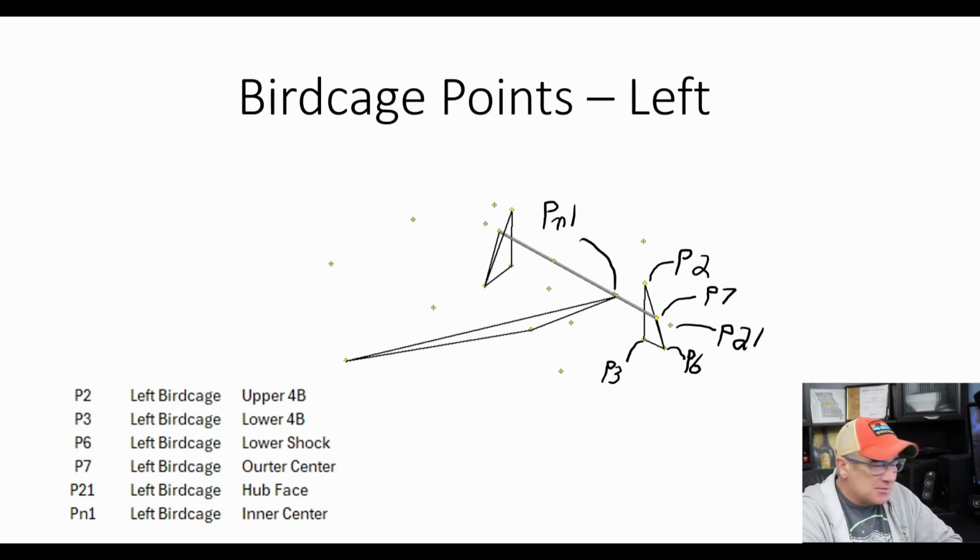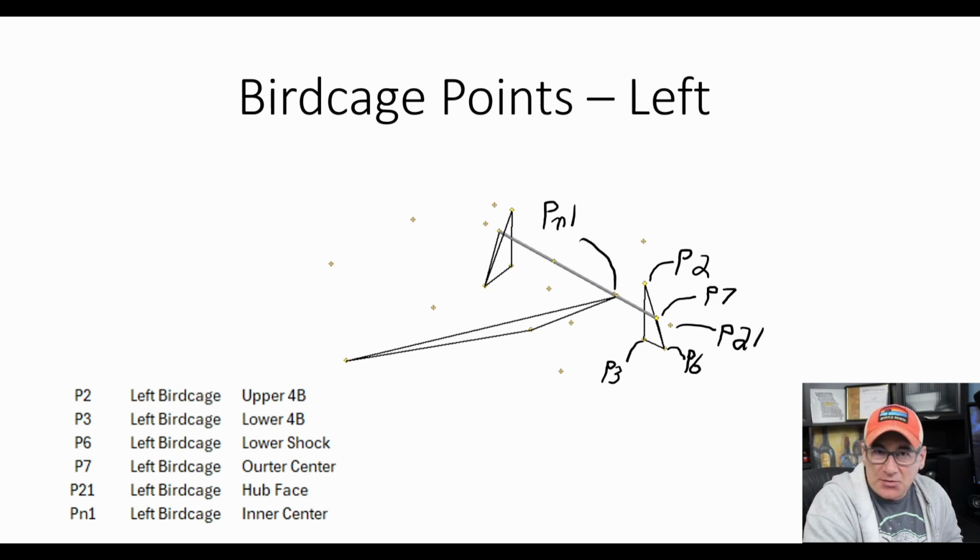The reason I made that a separate point is that sometimes you might put spacers on your hub, and that gives you another way to make an adjustment to determine how things might change. Those are the points for that bird cage.